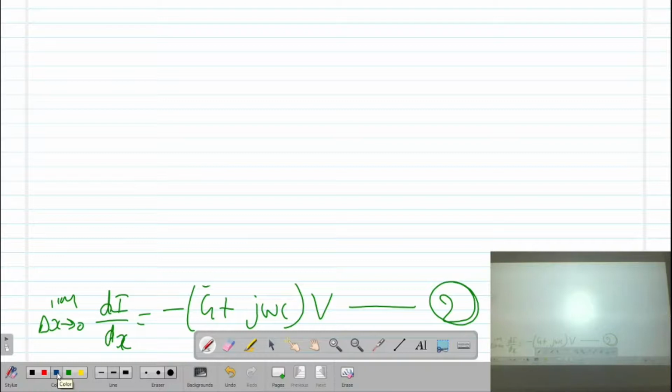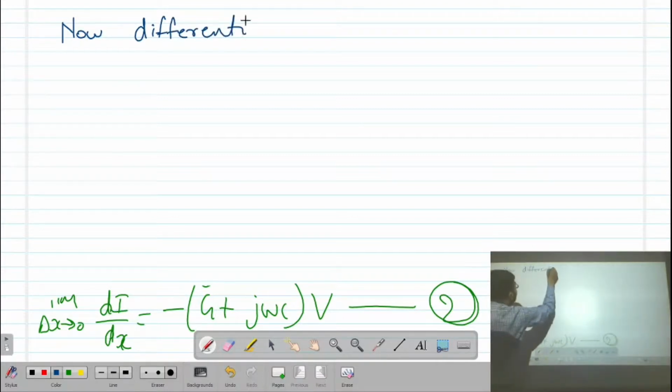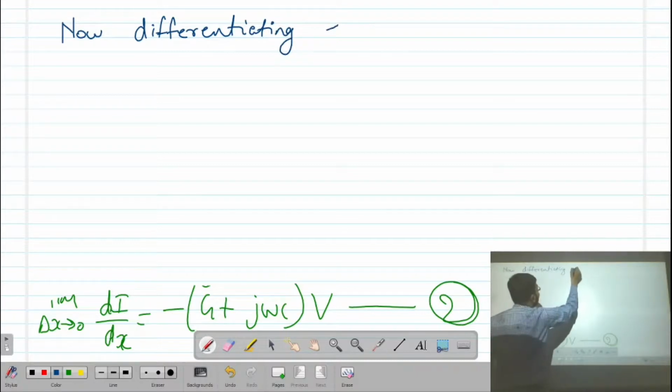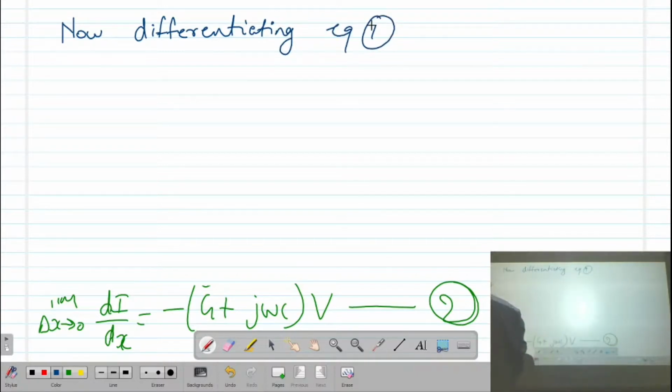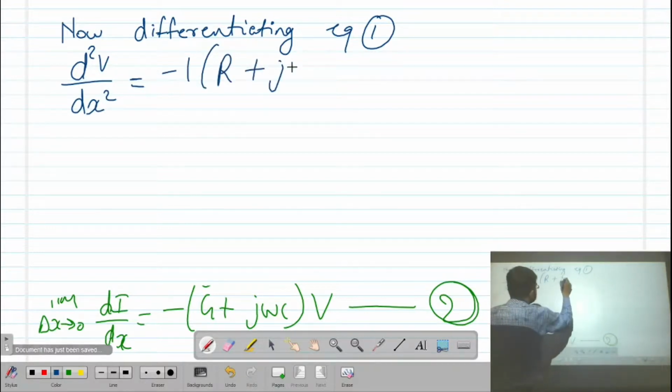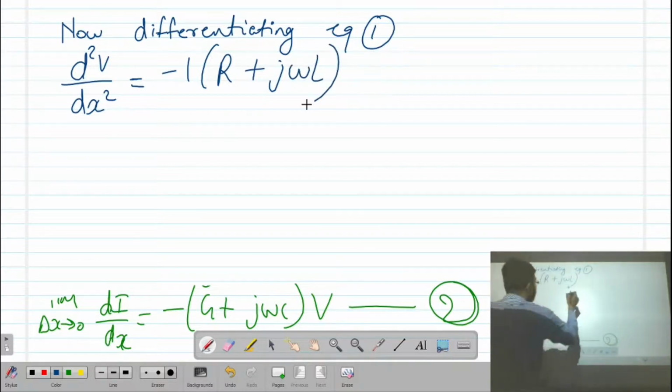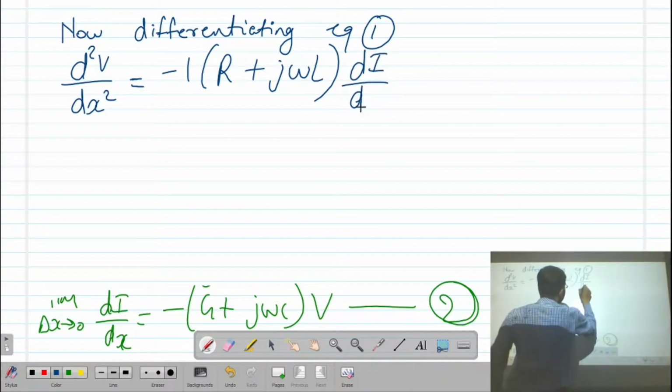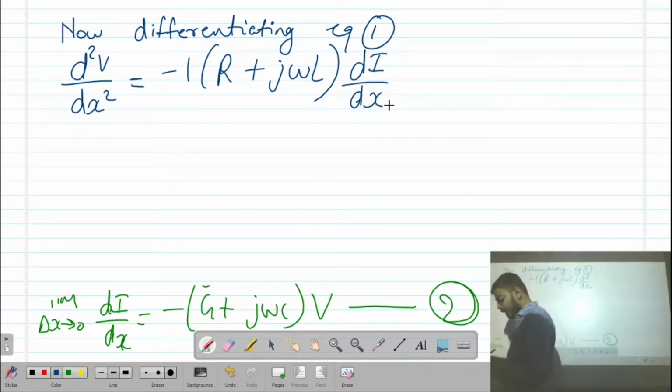Now, ahead, differentiating equation number 1, we will get d square v by dx square is equals to minus 1 into R plus j omega L into di by dx.